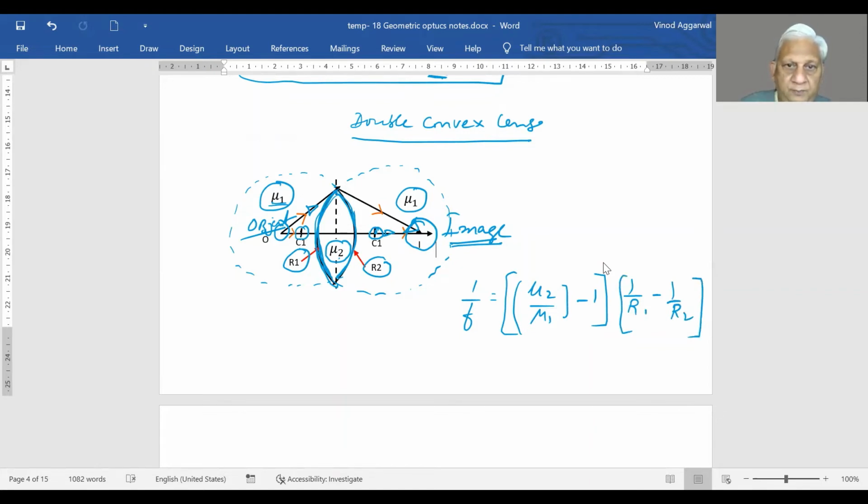What is this? This is the focal length of this lens. Mu1 and mu2 are this one and this one.